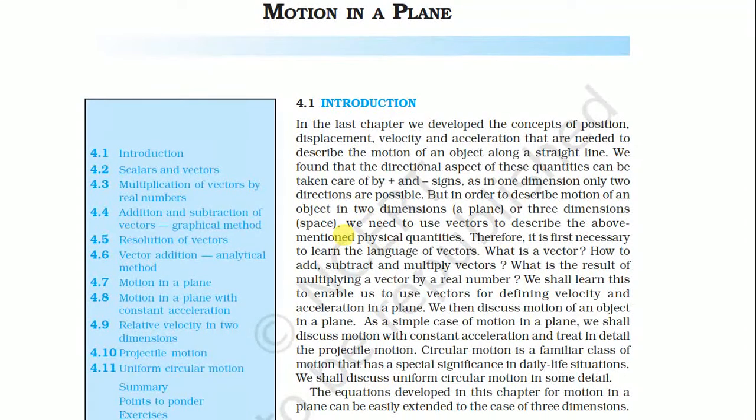Circular motion is a familiar class of motion that has a special significance in daily life situations. We shall discuss uniform circular motion in some detail. The equations developed in this chapter for motion in a plane can be easily extended to the case of three dimensions.